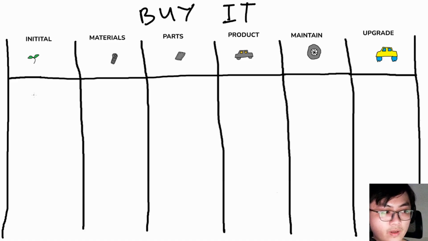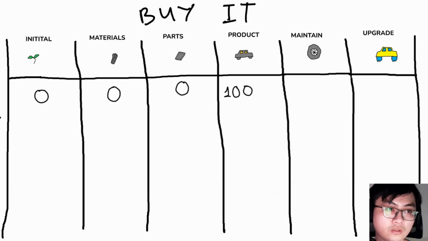So we have zero cost for initial, zero cost for material, and zero cost for parts. And for the product, I think it should be 100 chicken legs. So this will cost the human power to produce the money to buy the product.